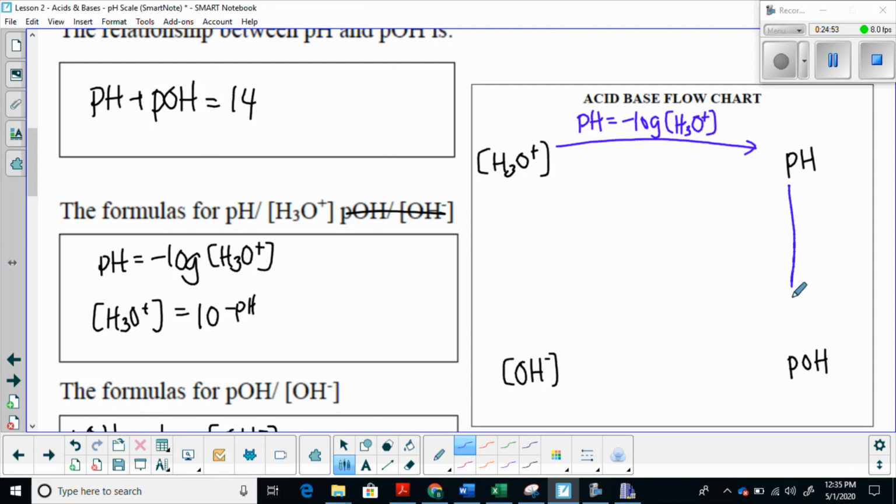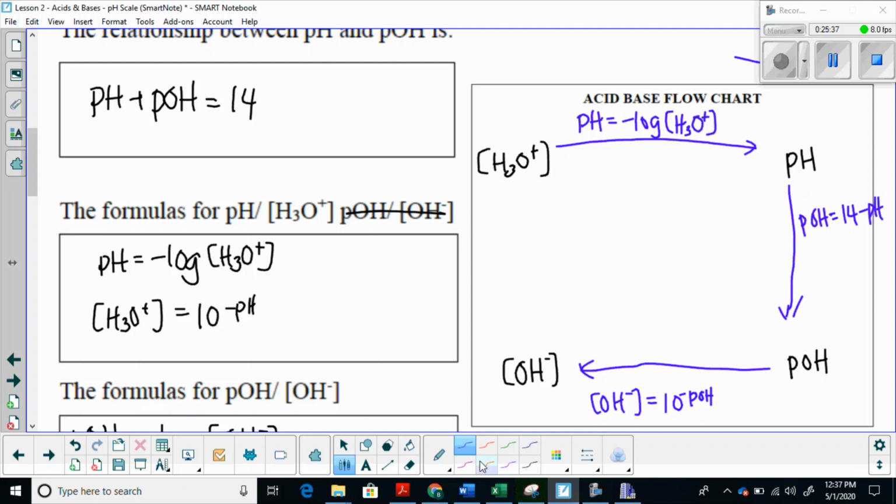To go from pH to POH, it's 14 minus pH. And then lastly, to go from POH to hydroxide concentration, you are going to go, hydroxide is equal to 10 to the power of negative POH.